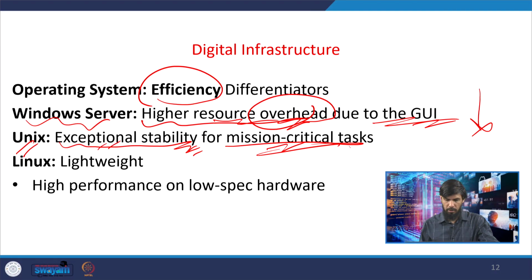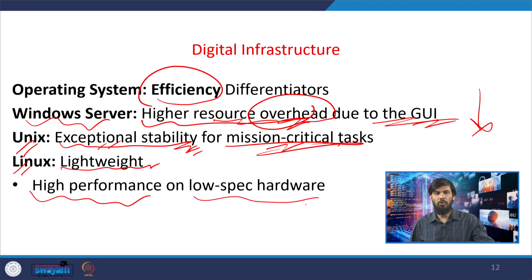So Unix does well in that case. If we look at Linux, it is lightweight. You can go for lightweight versions of Linux, and high performance on low spec hardware is also observed. So in terms of performance efficiency, Linux is much better because you can achieve the stability like Unix, and you can also bring in some of the user friendly tools like Windows Server.